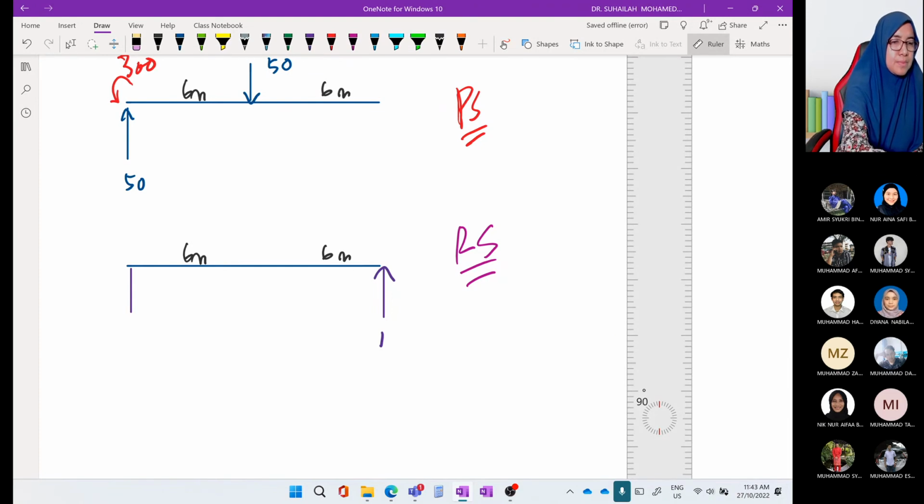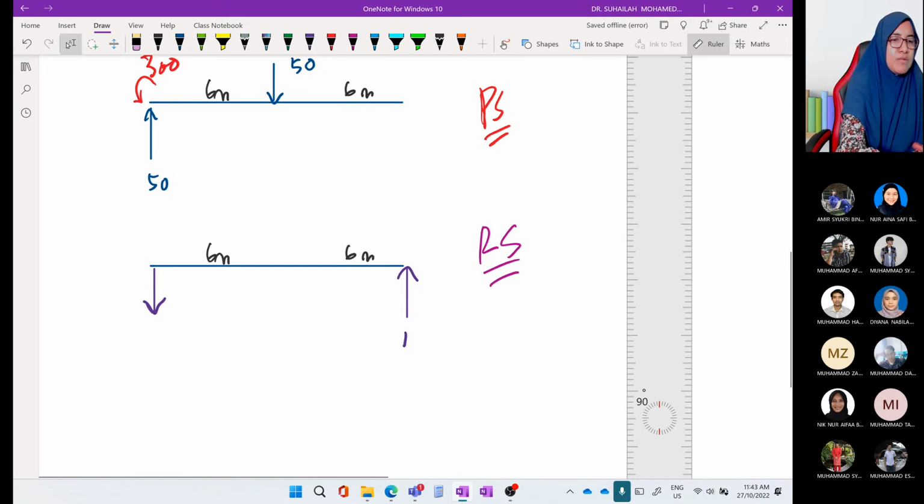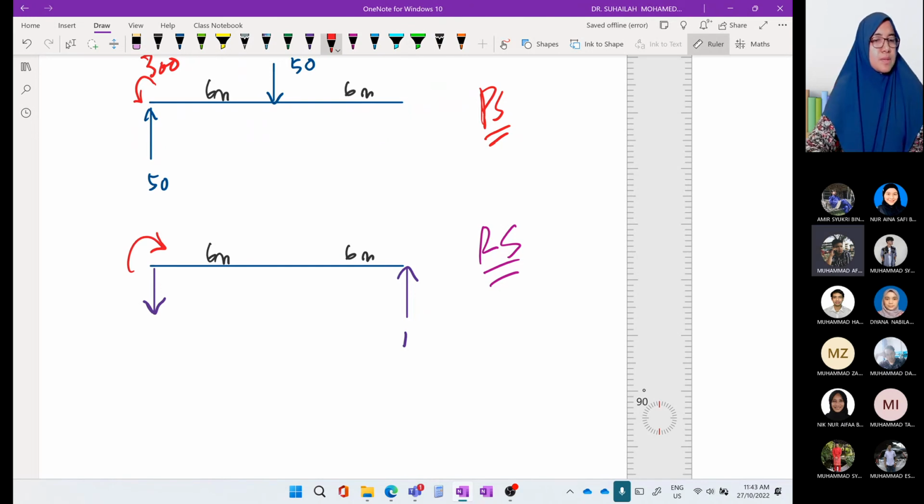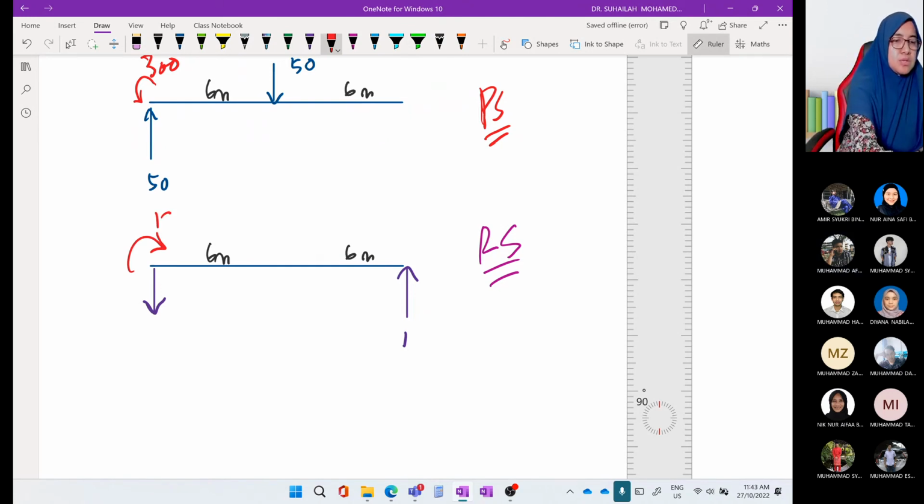And the other one is the moment. So what is the moment value? It is 12. So this is 12, this is 1.